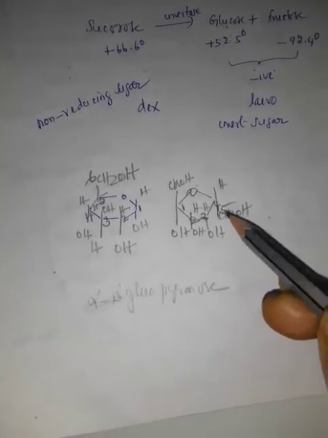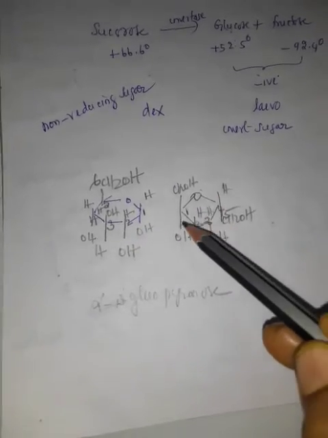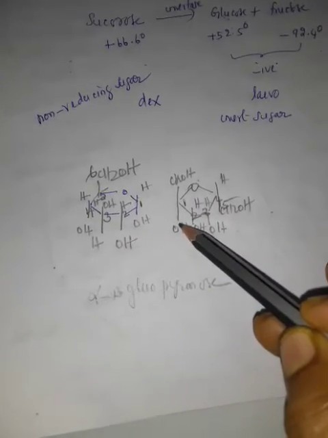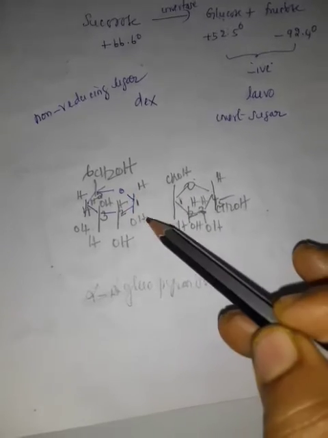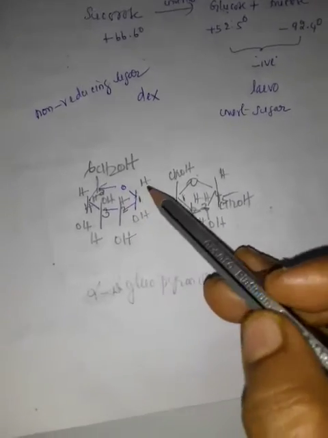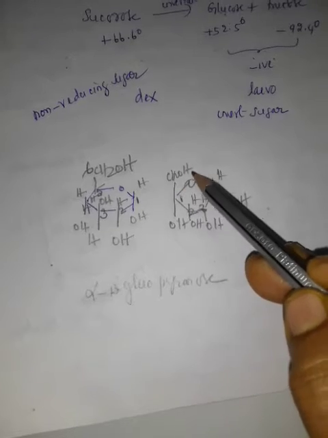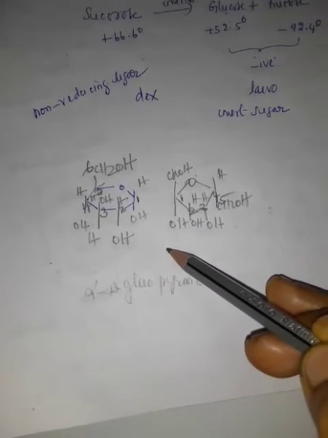Already I told you two monosaccharides are linked by the oxide bridge that is called glycosidic linkage. Now you see H, OH, CH2OH below, 1 OH is kept.